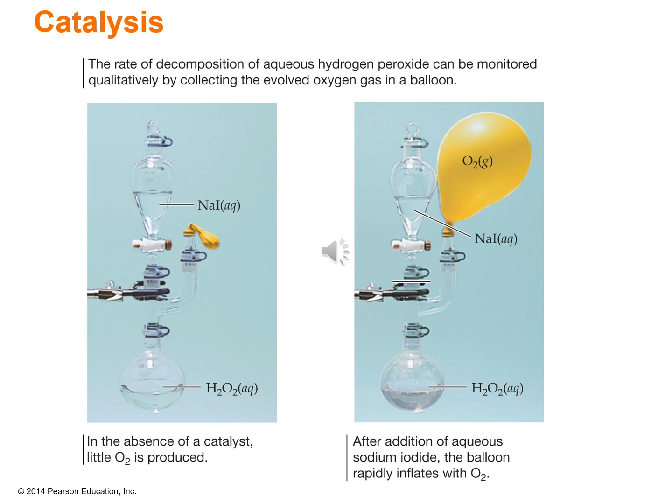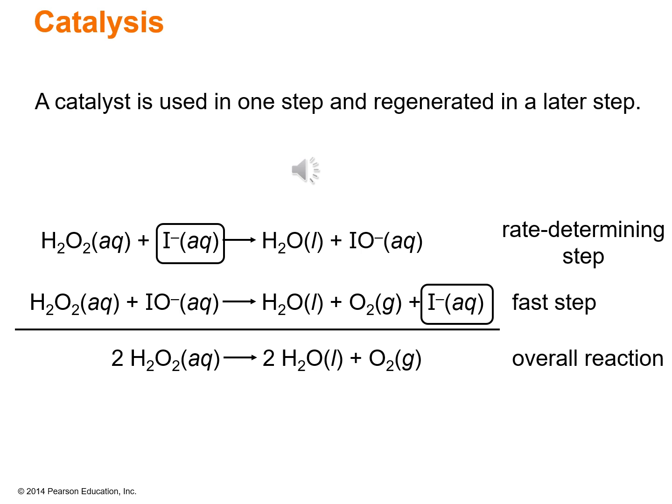So here we have an example of the iodide ion catalyzing the decomposition of aqueous hydrogen peroxide to yield oxygen gas and water. One of the definitions of a catalyst that you might see is that it can be used and regenerated, and usually at the very end the catalyst remains unchanged.